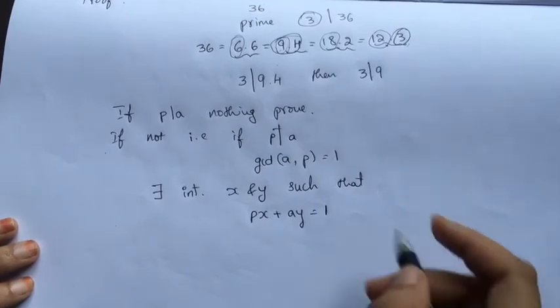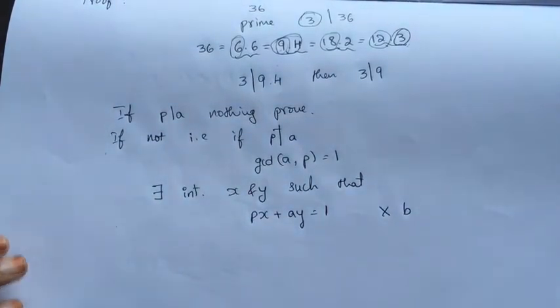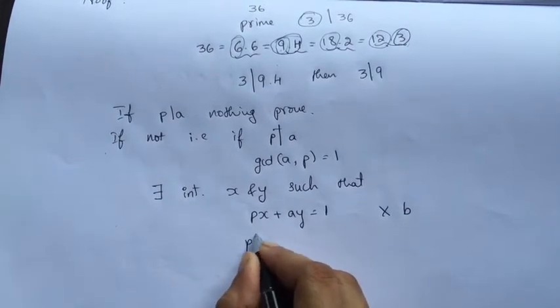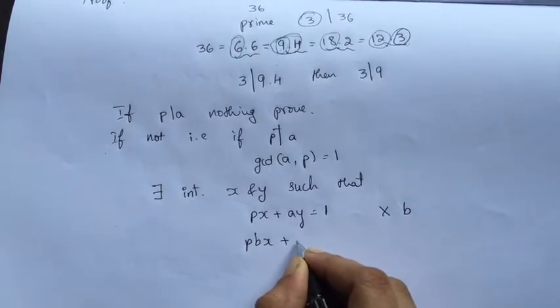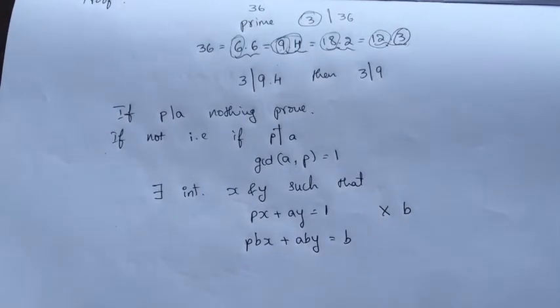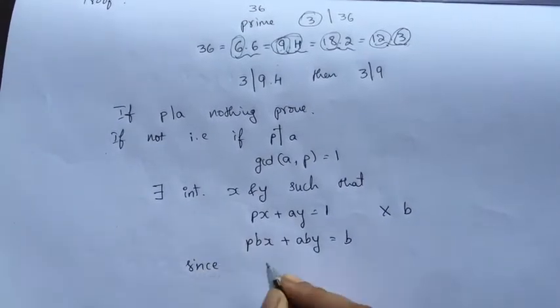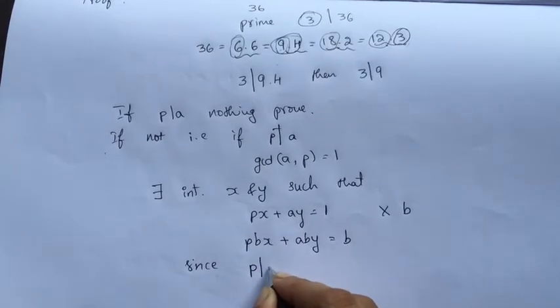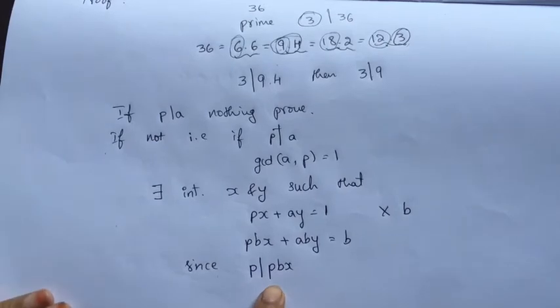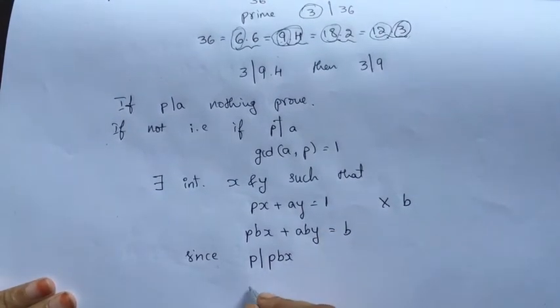Now I'll multiply this equation by b, so that it becomes pbx plus aby equals b. Since p divides p, p divides pbx, and since p divides ab, p also divides aby.